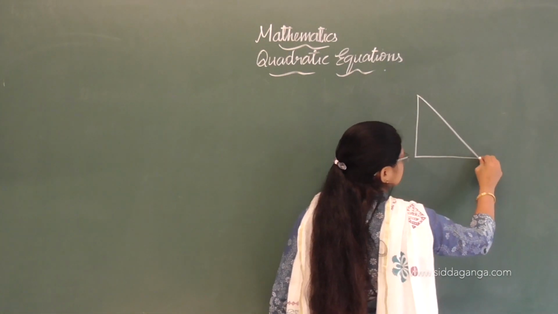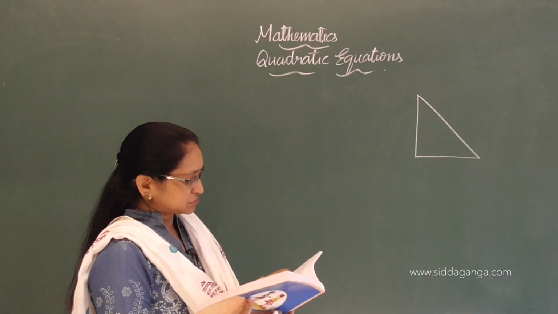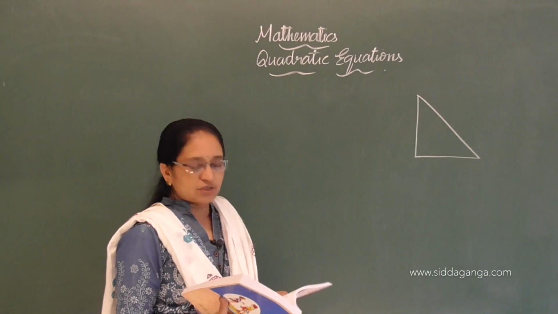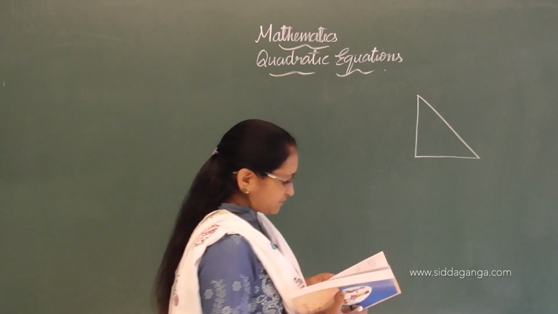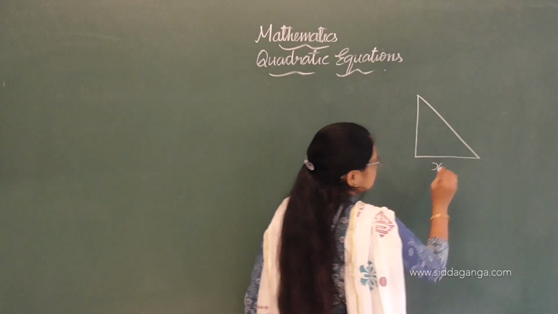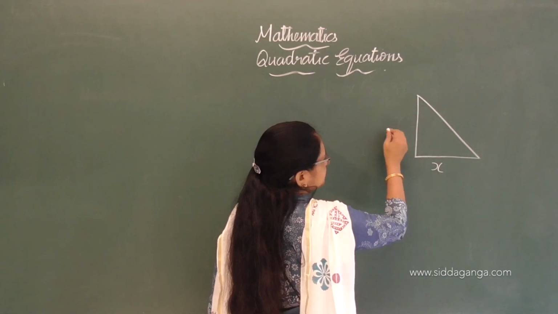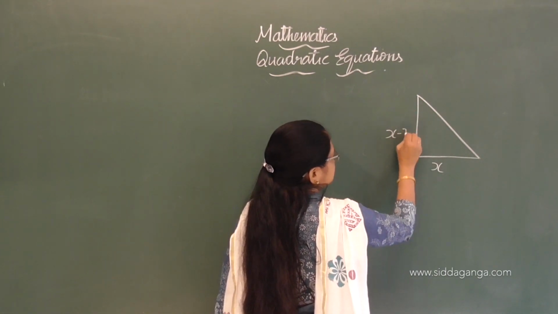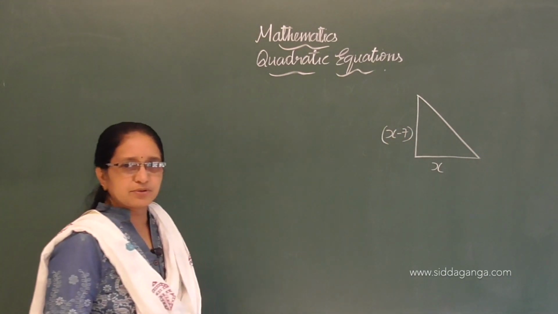See, this is a right angle triangle, and altitude. What is the meaning of altitude? You all know, it's the height of the right triangle. It is 7 centimeter less than its base. So, suppose if you take x as base, so 7 centimeter less than its base means x minus 7 centimeter less than its base. I hope you understood.